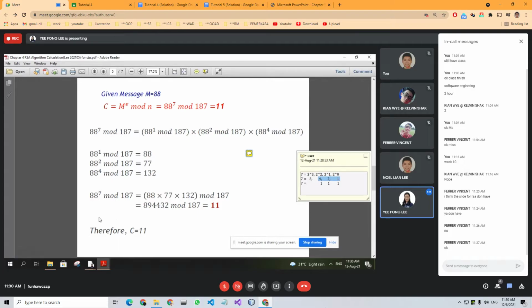Question: why 1 again? Oh, because this is the binary. 4 plus 2 plus 1 equals to 7, right?